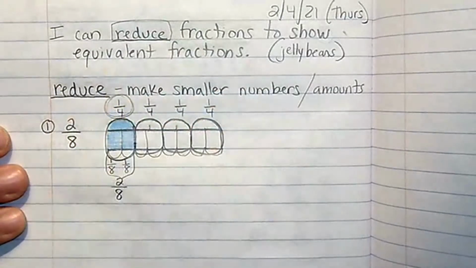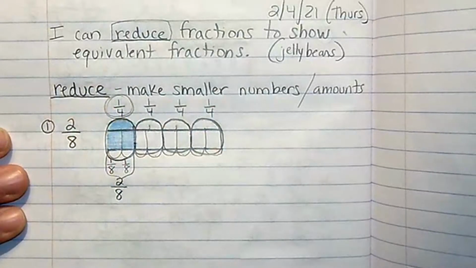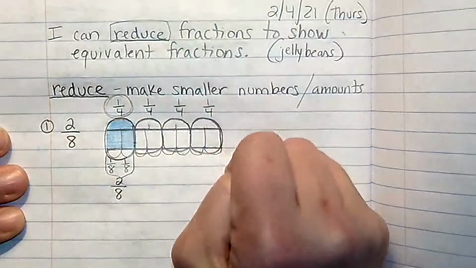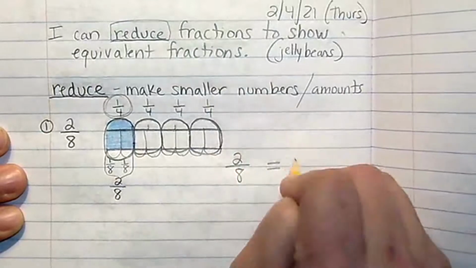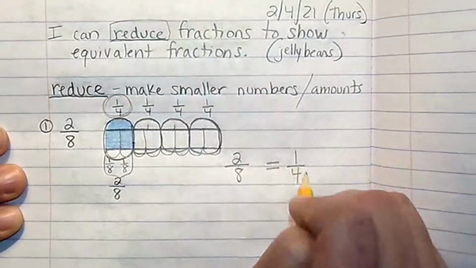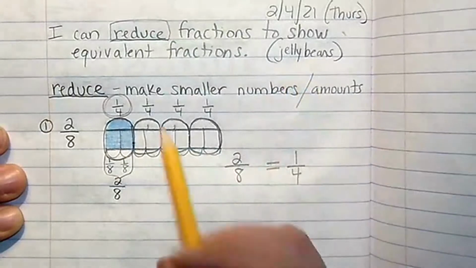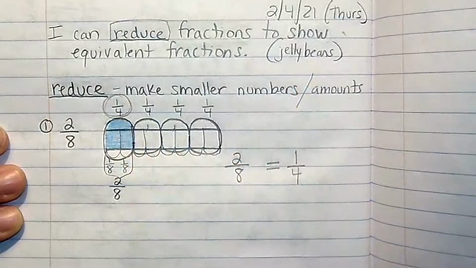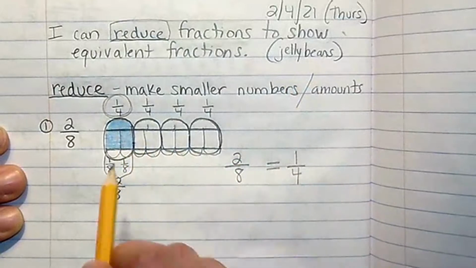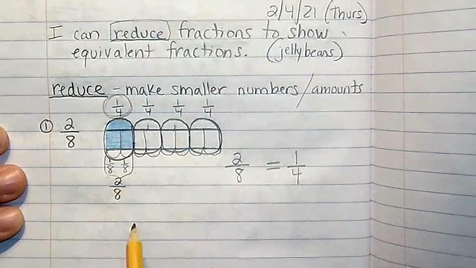Only 1. So what have I found out? Well, I found out that 2/8 is equivalent to 1/4 using my jelly beans. These are equal to each other. 2/8 equals 1/4.